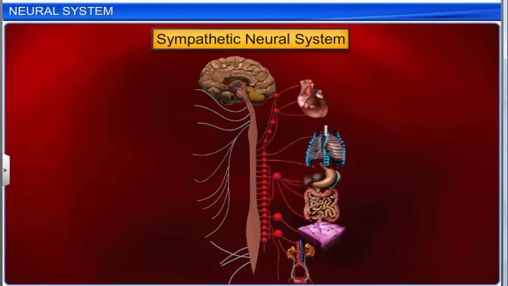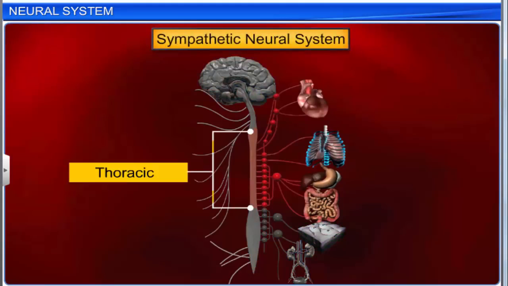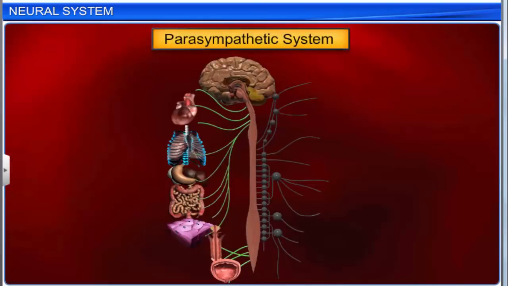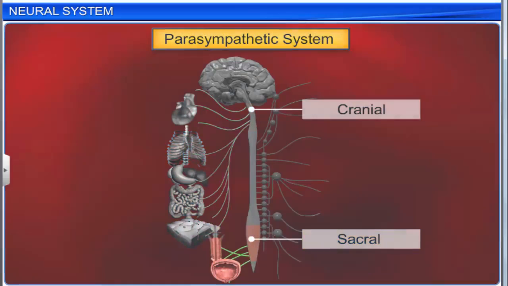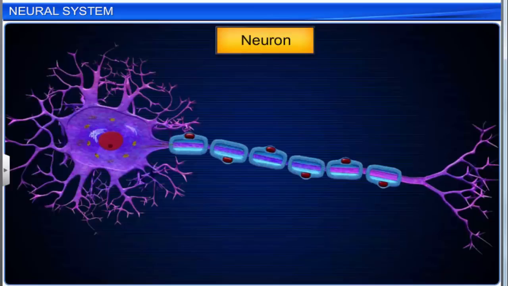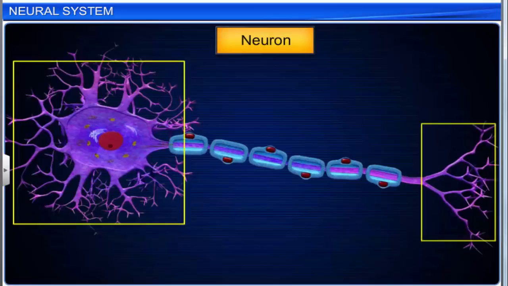The sympathetic system comprises the neurons of the thoracic and lumbar regions. The parasympathetic system comprises the cranial and sacral neurons. Let's look at the structure and types of neurons now. A neuron is a branched nerve cell and is the longest cell in the body.